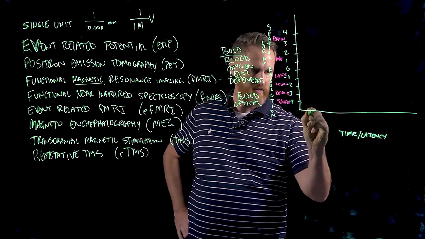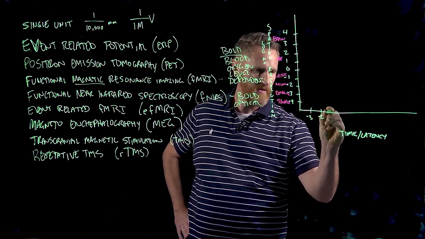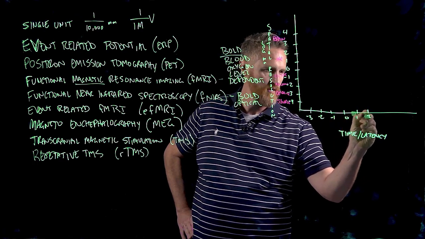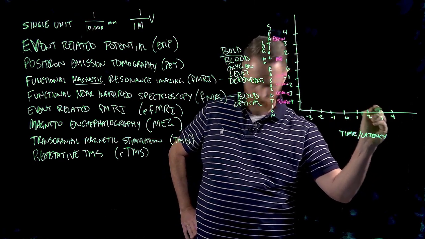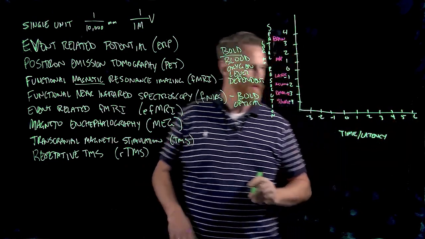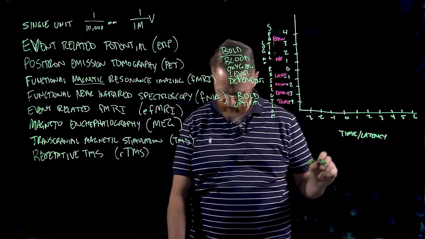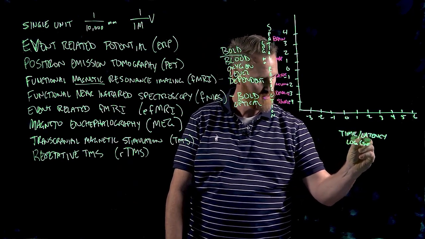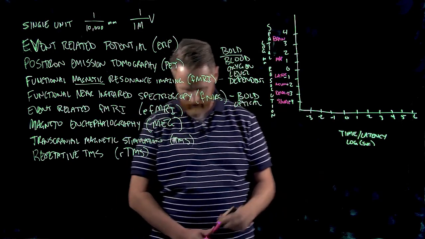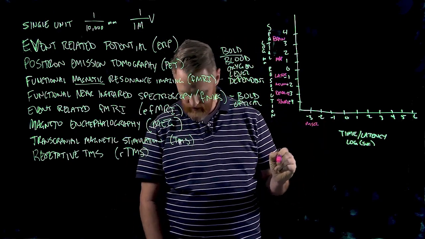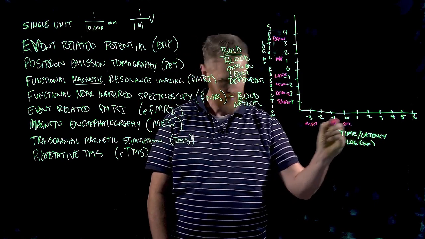And then if I go down here and we start with like -3, -2, -1, 0, 1, 2, 3, 4, 5, 6, right? And this will be on the scale of log seconds. So just to give you some perspective, this would be like a millisecond. This would be a second.